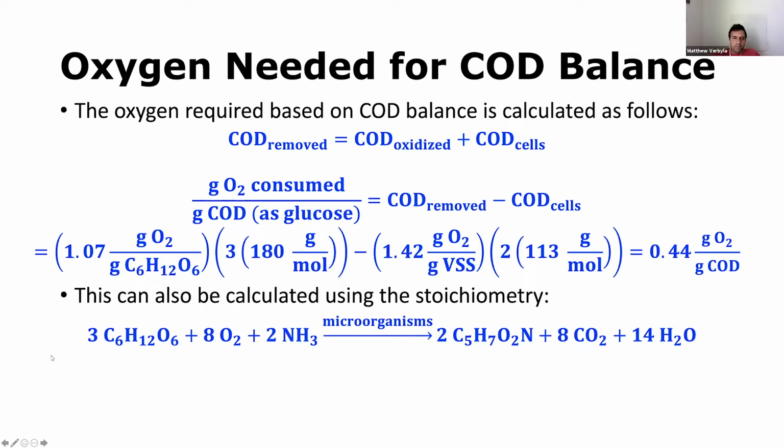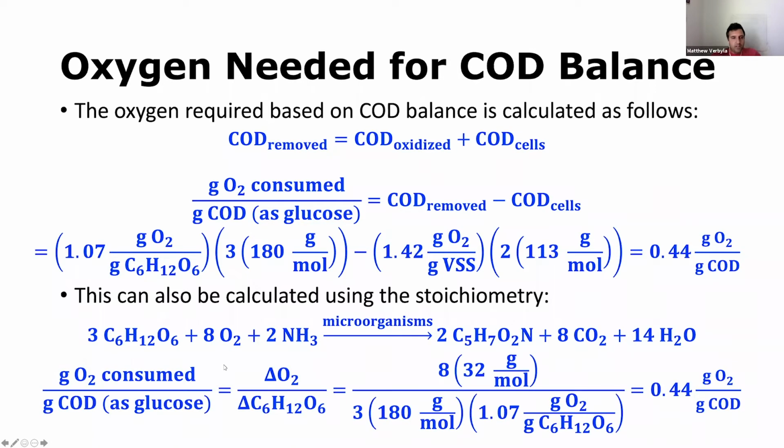Based on that stoichiometry, if we calculate the grams of oxygen being consumed in the reaction, that's 8 moles times 32 grams per mole, and we divide that by the grams of COD as glucose being consumed in this reaction. That's 3 moles times 180 grams per mole.